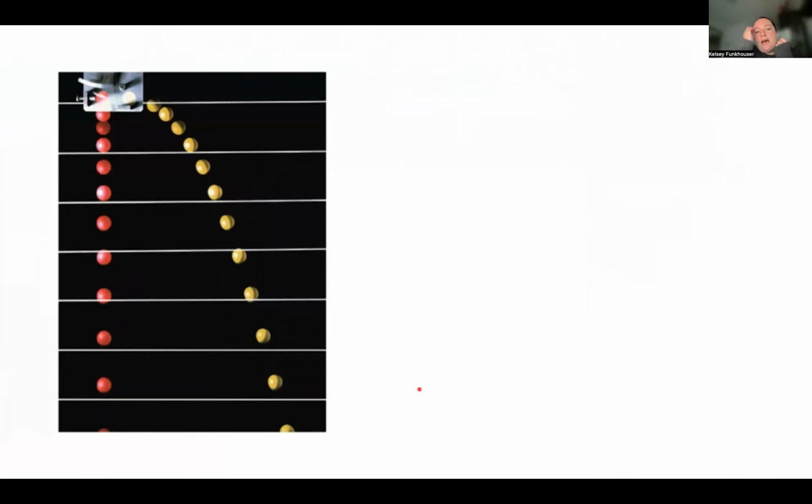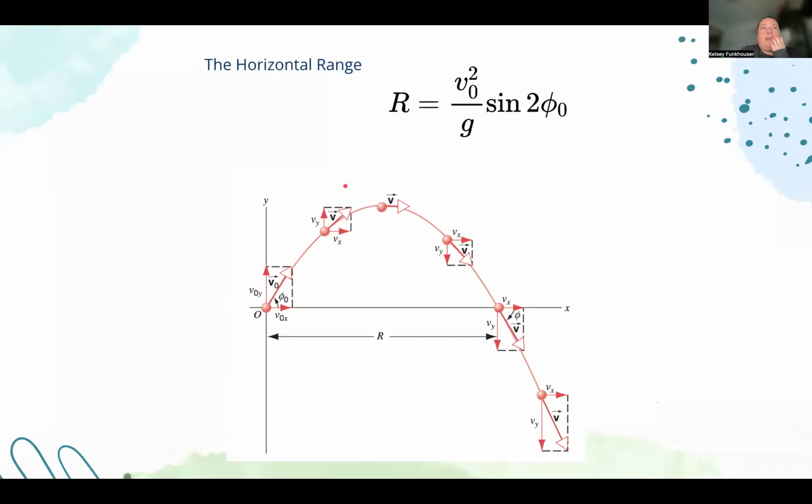And the thing to remember is that for projectile motion, the acceleration is just the acceleration due to gravity, and it's pointing in the negative y direction the whole time. And another thing, in looking at this diagram, you can see that along the trajectory, the velocity is tangential to the parabola, that is the trajectory.